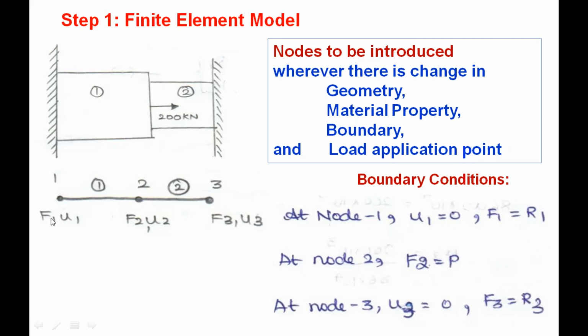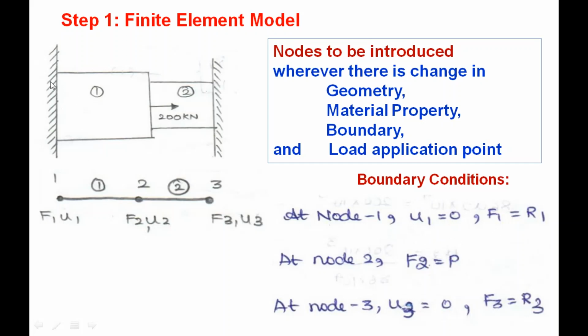Displacement at node 1 u1, displacement at node 2 u2, displacement at node 3 u3. And in addition, we are marking the force component also in the finite element model. So here I am showing F1 is the force acting at node 1, F2 force acting at node 2, F3 for force for node 3.